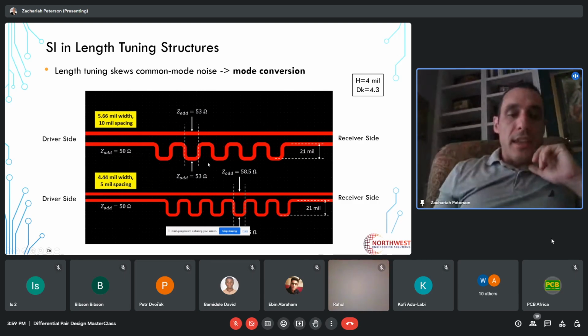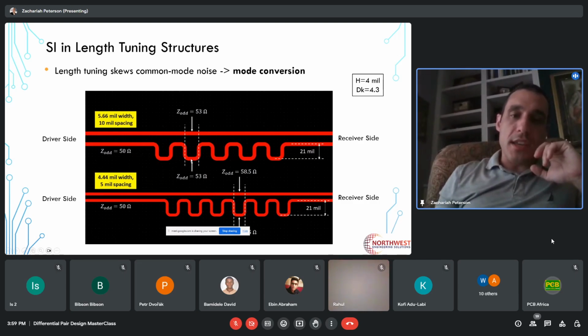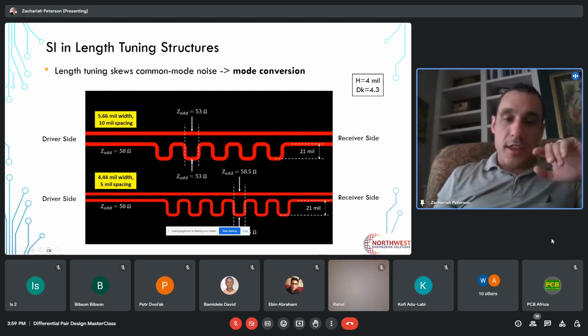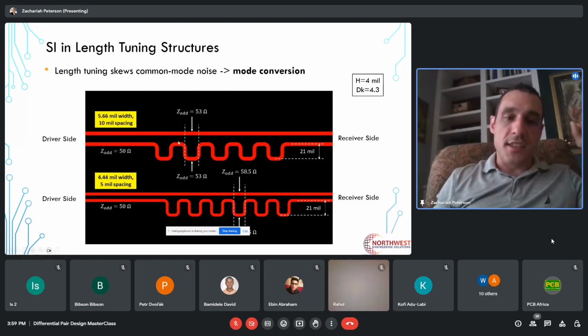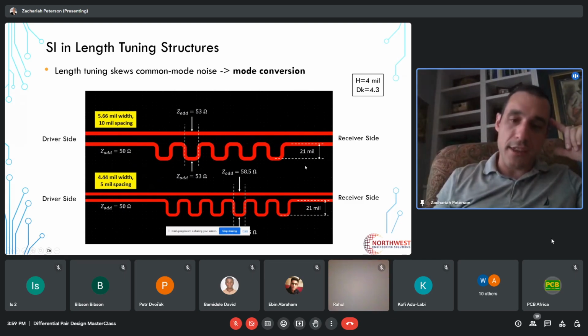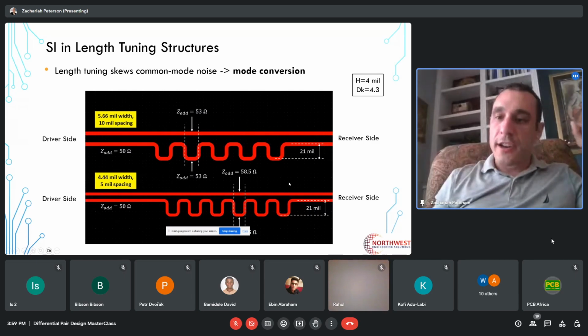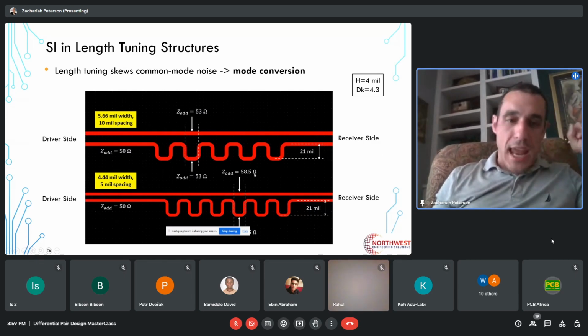Well, here in these regions where the trace is farther away from this top trace, you have an impedance deviation. So the odd mode impedance in this region is larger than it is in this region where the two traces are closer together. And so the result here is that with this 21 mil amplitude, you get about a 3 ohm impedance deviation.